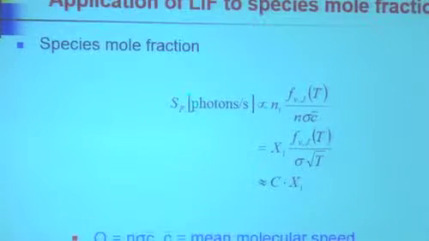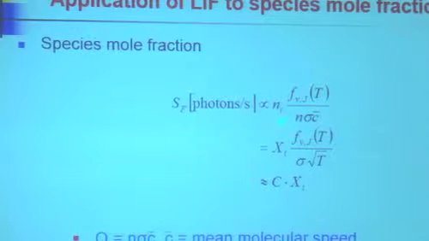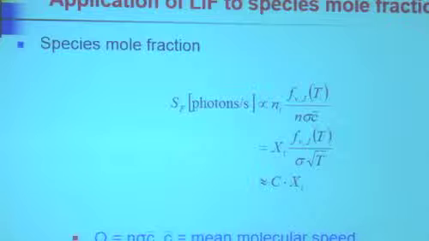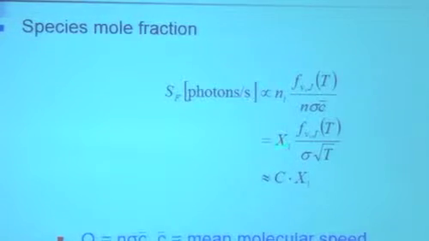So the signal is proportional to this number density, total number density of the species, times the fraction in state V and J, divided by this collision rate QE, which can be thought of as a number density cross-section C bar. So when you look at it that way, the signal is proportional to the mole fraction of the species.